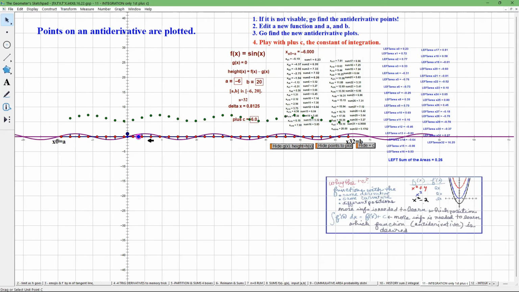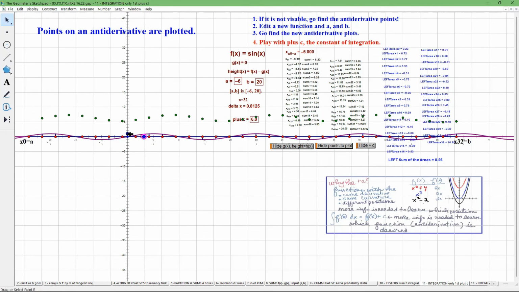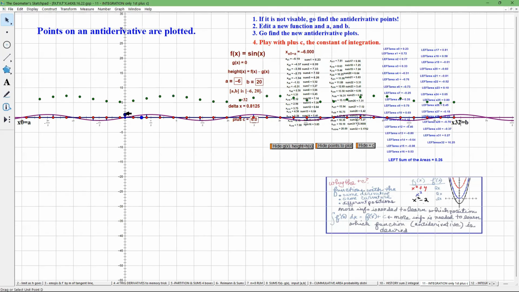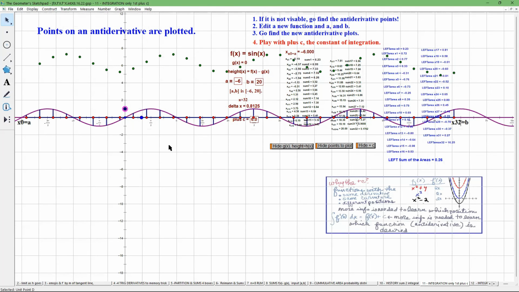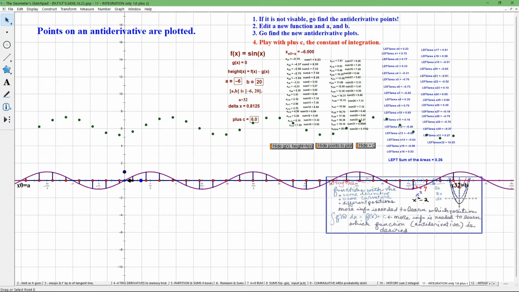And now let's spread it out so we can see it. So here's the sine. Its antiderivative is the negative cosine. Here's the cosine, but it's negative now. Let's make it so we can read it a little better.